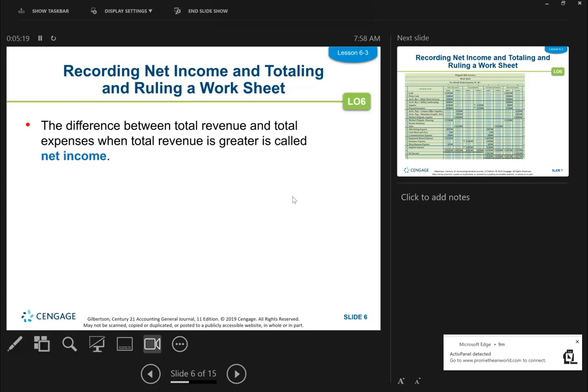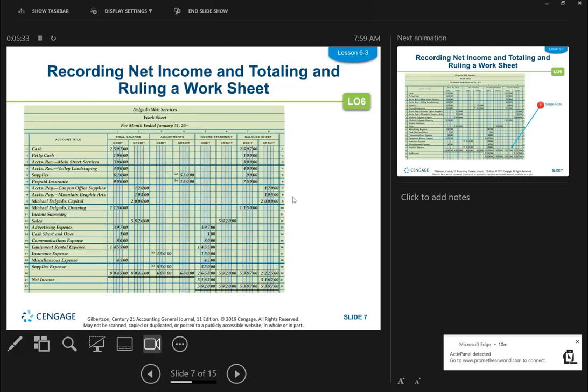So again, when you're making more money than you're spending, the difference between what you brought in and what you paid out is your net income. So to record that net income, we can take our balance sheet and our income summary and use that to create a net income.